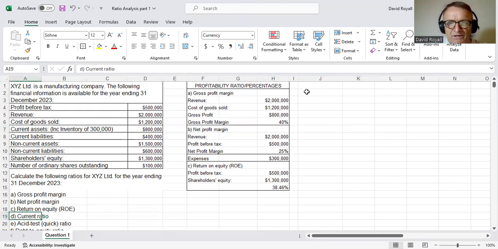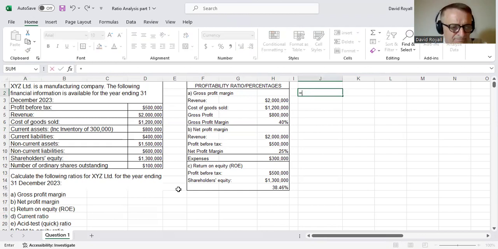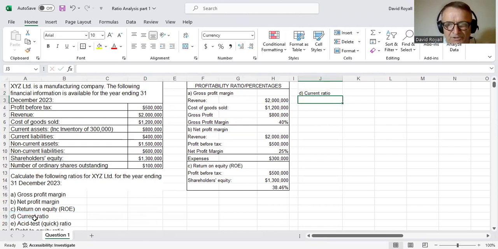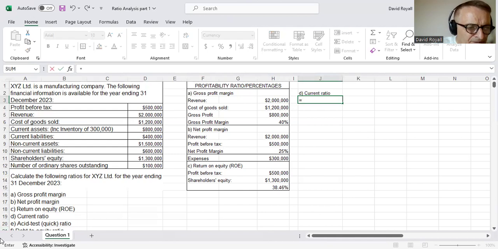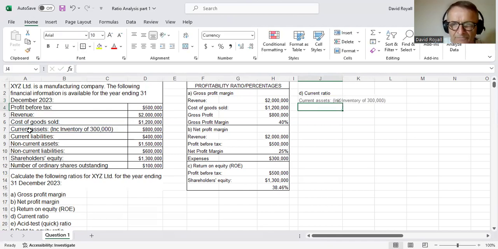Okay, well, we've got three more ratios to go through. So let's have a look at this one called the current ratio. Well, the current ratio, it is a ratio. So we're looking at something very different. It's just current assets divided by current liabilities. So I'm looking for my current assets. There we have it. Fairly detailed information there, because as we said, it doesn't include the inventory.